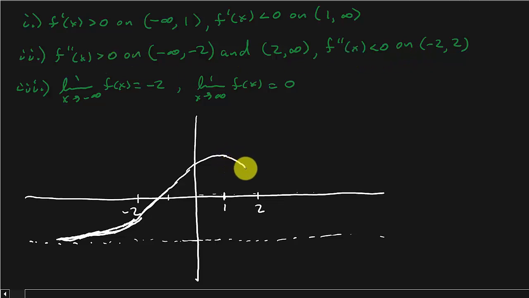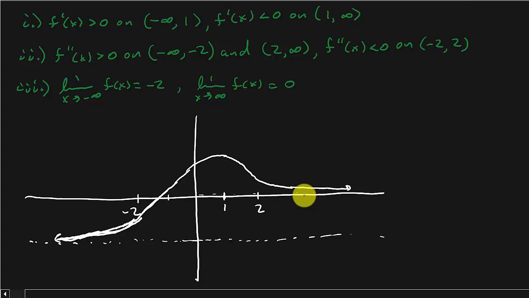So we know it's concave down. And then once it gets to 2, from 2 to infinity, and we also know from 1 to infinity, it's decreasing. All right, but look, from 2 to infinity, it changes back to concave up. And so it's going to look like this, and this graph is just going to get closer and closer to this axis here because we do have a horizontal asymptote here.